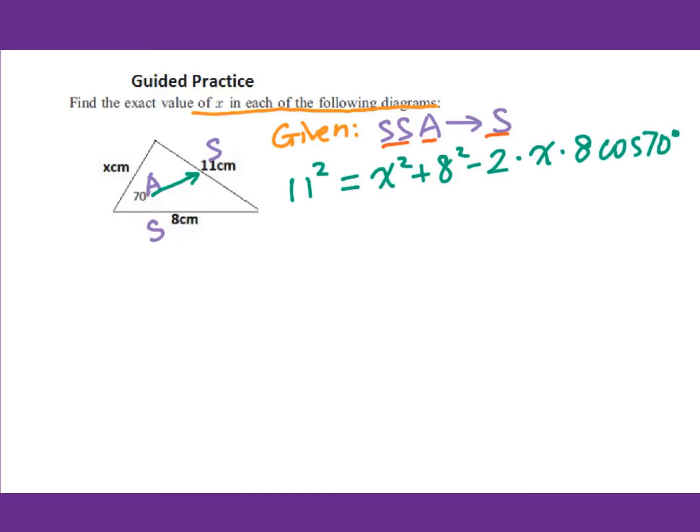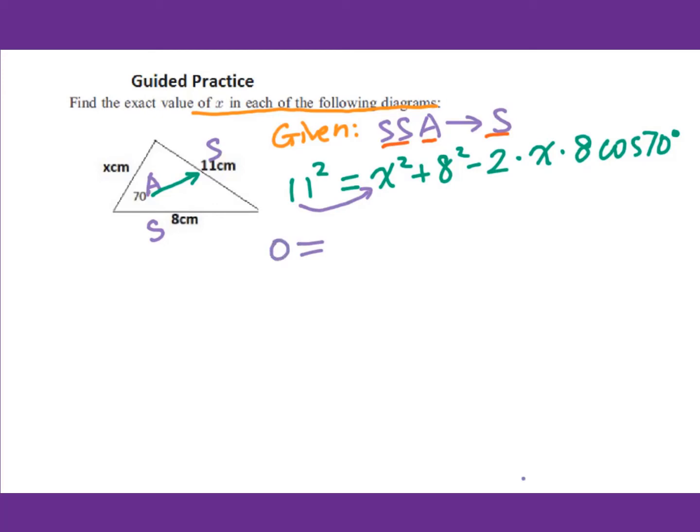degrees. We have to use a graphing calculator to work this x out. We could see this is a quadratic equation. We need to get it equal to 0, so we put it into y1. Therefore, I move 11 squared to the right side.